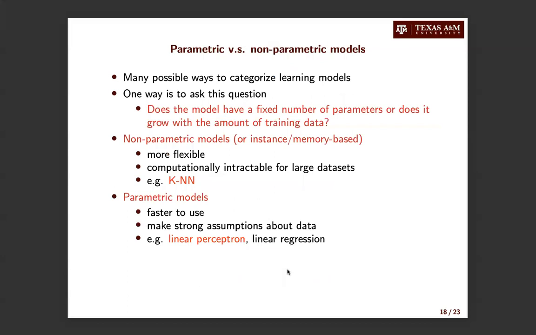There is a distinction here between parametric and non-parametric models, as we discussed in our previous video about k-nearest neighbor. We said that k-nearest neighbors are non-parametric models because the decision-making process does not assume any structure about the data space.